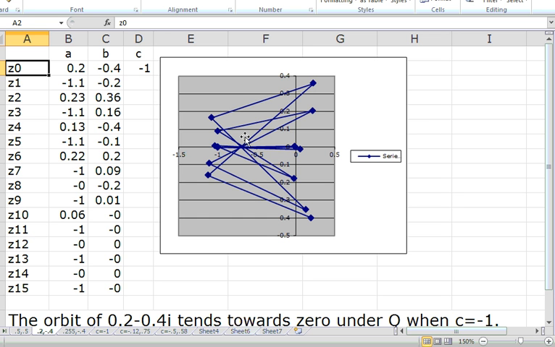So, how do you interpret this? What is happening? We start at 0.2 and negative 0.4, then it goes all different places, and eventually what happens, after about some iterations, it reaches what?